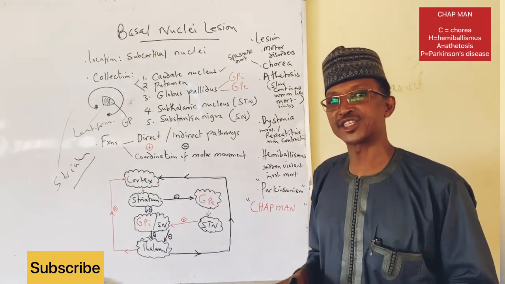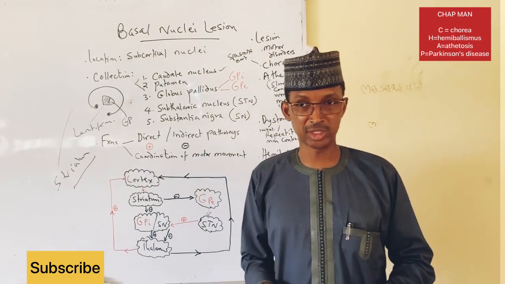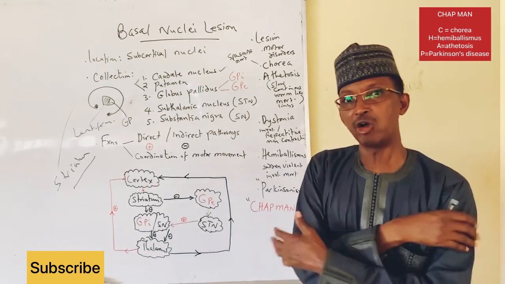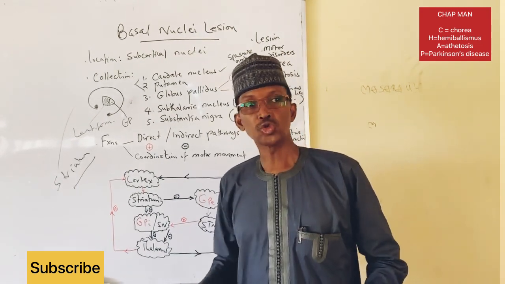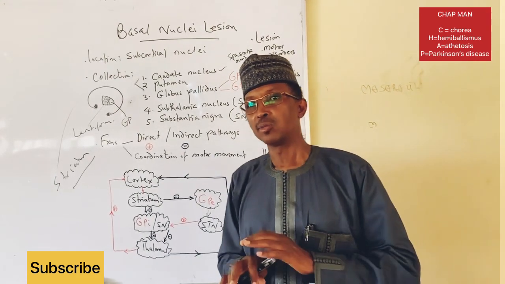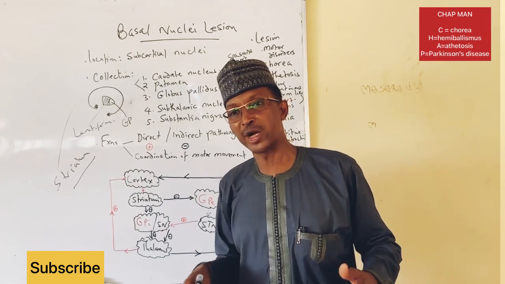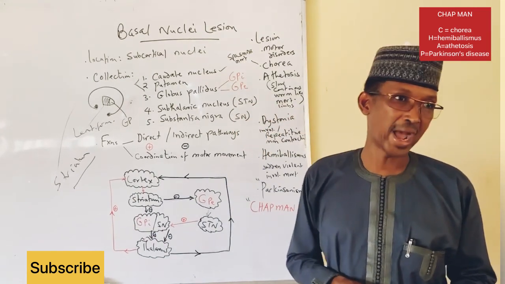Chorea is spasmodic, involuntary motor movement of our muscles, of the upper limbs, lower limbs, and even the trunk. So once you have spasmodic, involuntary motor movement of any part of the muscles in the body, that is what you call chorea. You get it?